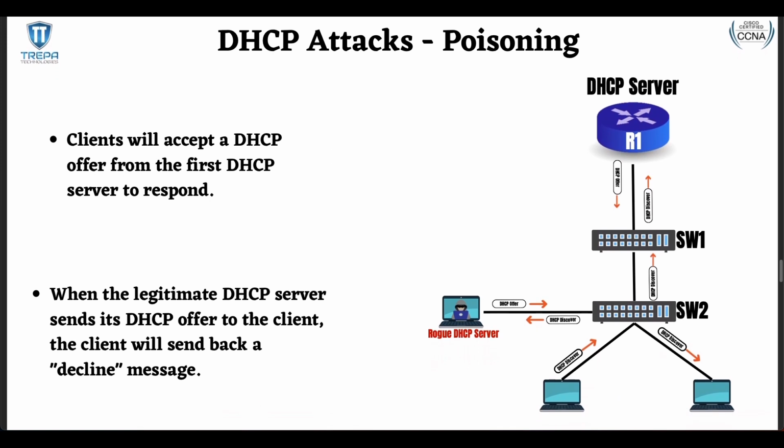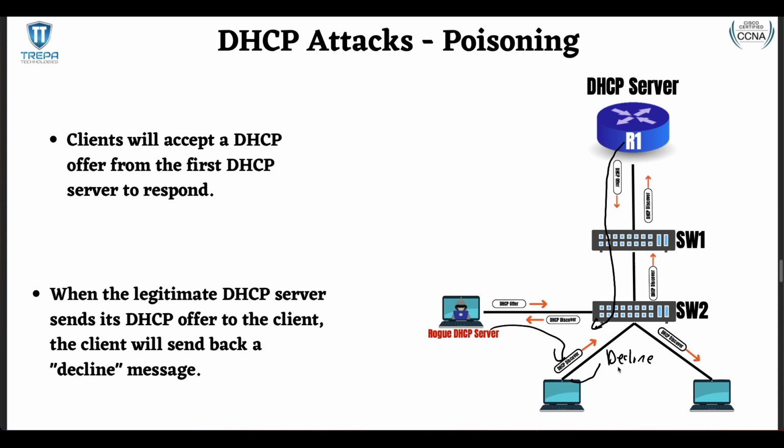So in the DHCP process, even though we have a rogue DHCP server, wouldn't the client still be getting an offer from the legitimate DHCP server? Yes, but we have no way to actually know which one the client is going to accept first. So what could potentially happen is that if that rogue DHCP server offers that computer an IP address first, when the legitimate DHCP server's offer actually reaches the client, the client's going to send back what's called a decline message.